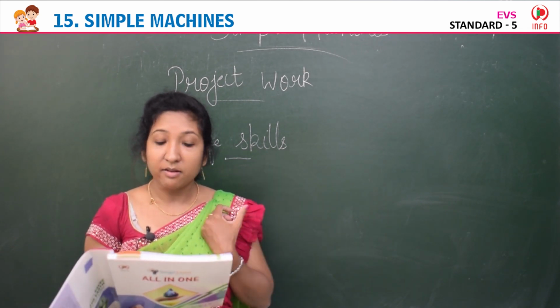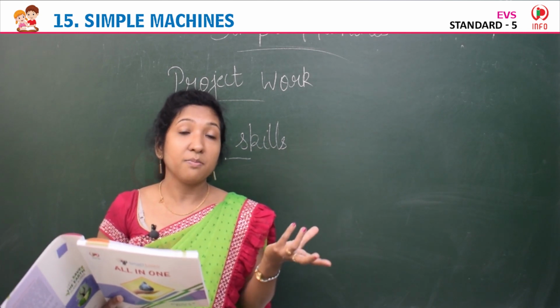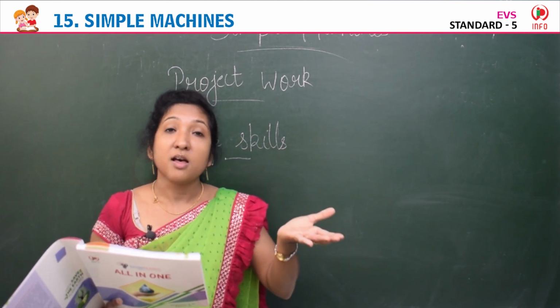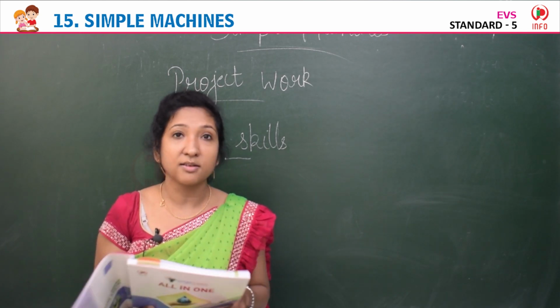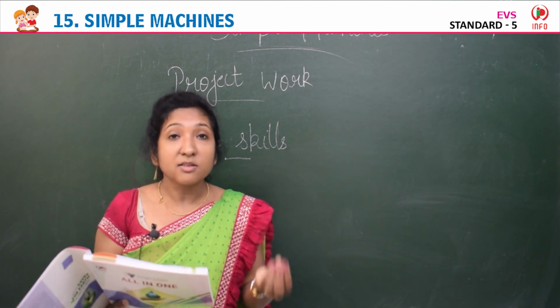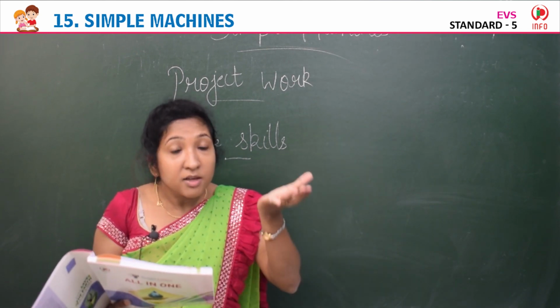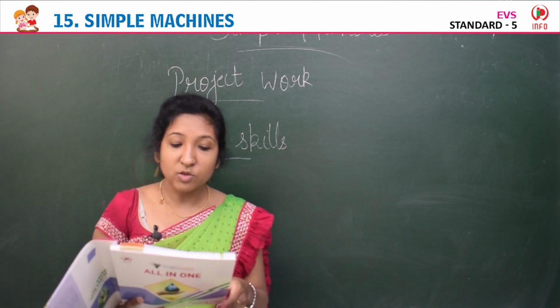Lifting a car with a flat tire. See, I told you the screw jack is a machine we use to lift a heavy object. Yes or no? Suppose the screw jack is not there. What will happen? Manually it is not that possible to lift a heavy object, isn't it? So thanks to the screw jack.